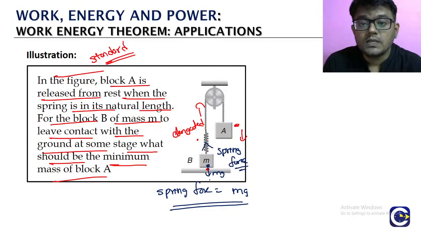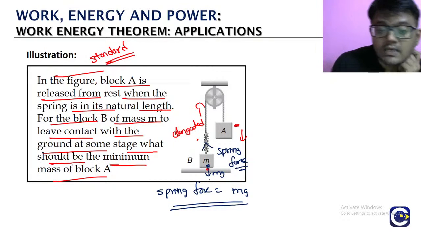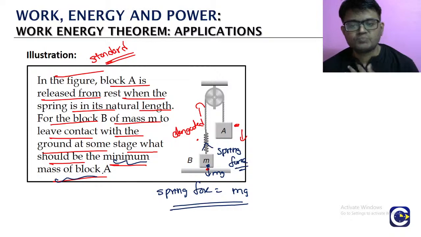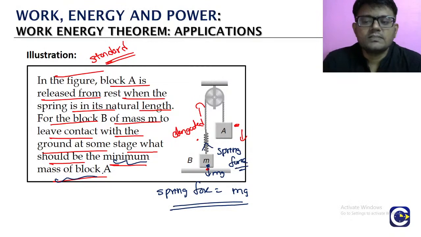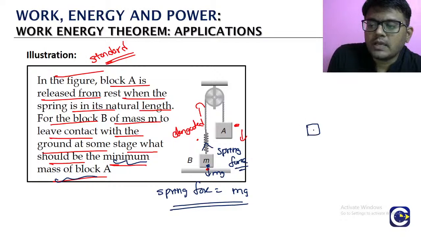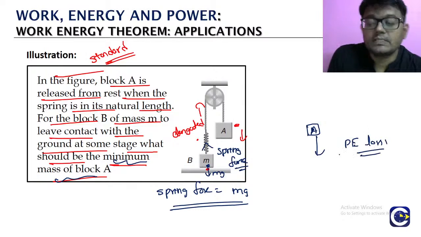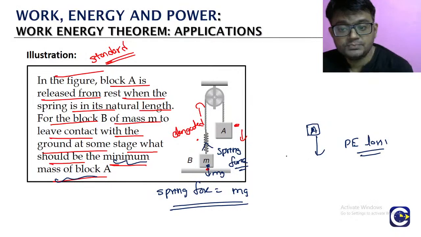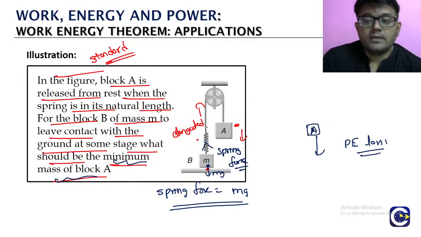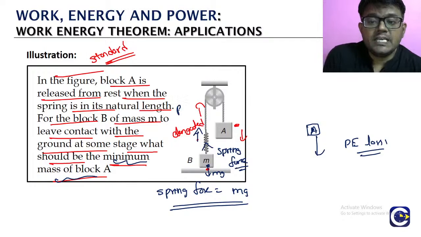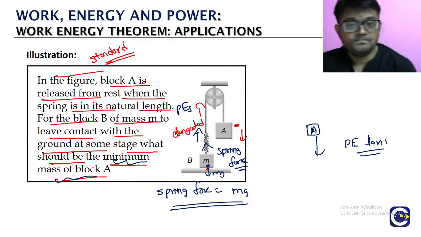Now if that has to happen, they are asking what should be the minimum mass of the block A. Let us understand what is the role of block A here. As the block A is going down, it will be losing its gravitational potential energy, but the spring potential energy will be increasing.